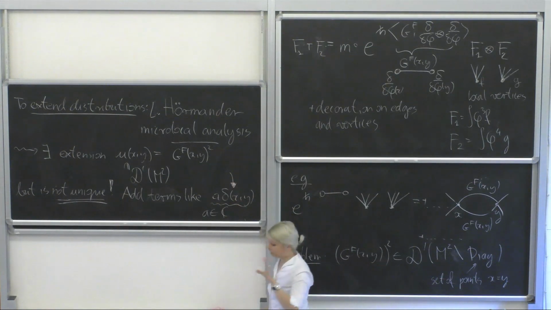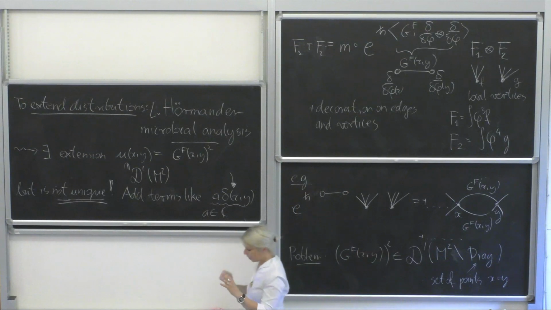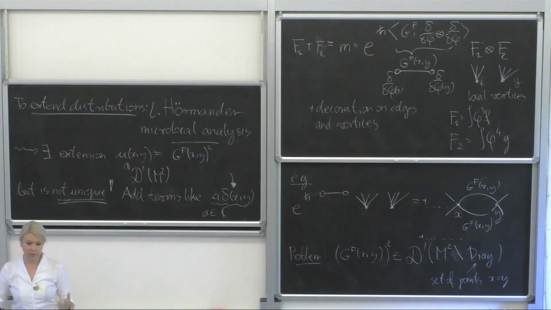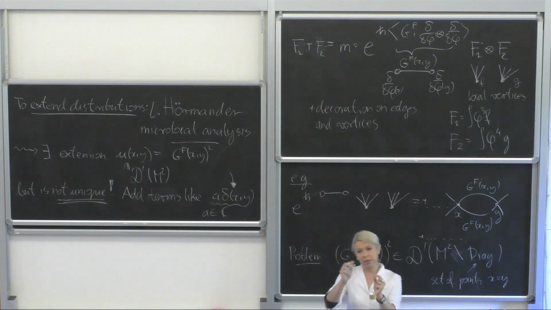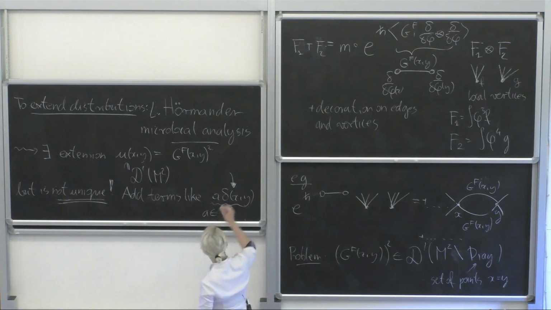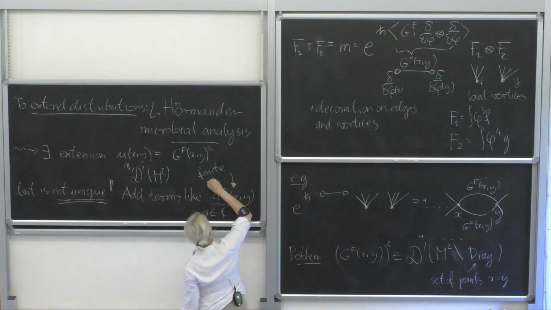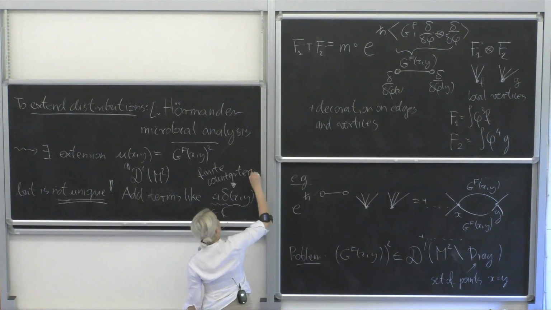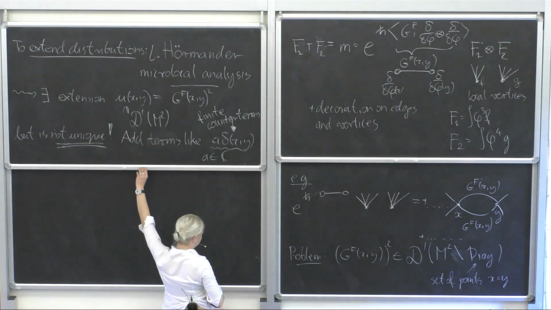In physics nomenclature, this is called finite counterterms. So normally counterterms are subtracting the infinite part, right? But there isn't a unique choice of these, so you can add finite counterterms and still get something sensible. So these are finite counterterms. Okay, so that's a crash course in quantum field theory.